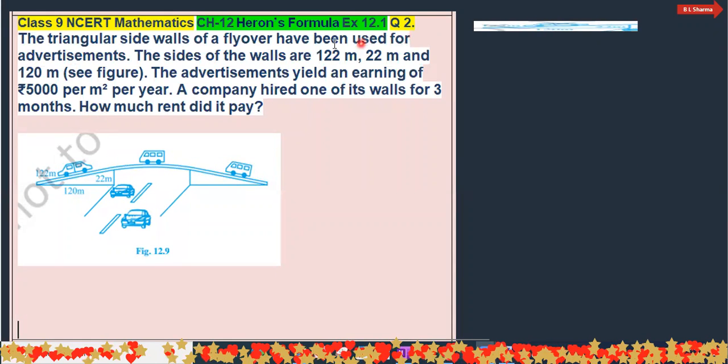Question number 2. The triangular side walls of a flyover have been used for advertisement. ये आपका फ्लाईओवर है और यहाँ पे एक वॉल इसका एडवर्टाइजमेंट के लिए यूज किया गया है.